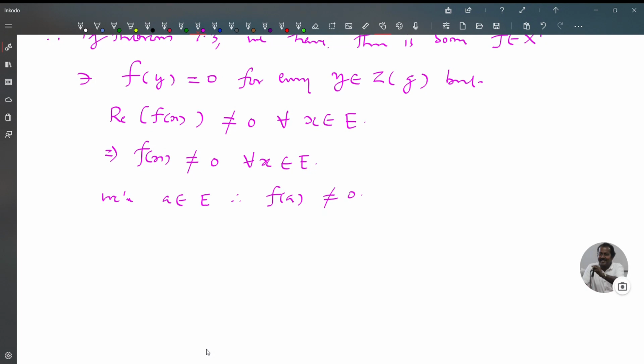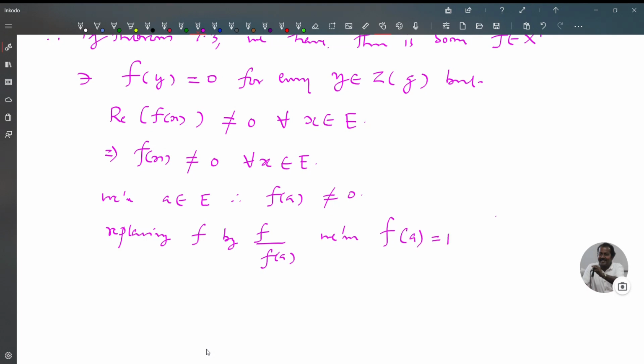So replacing f by f divided by f of a, we have f of a equal to 1.